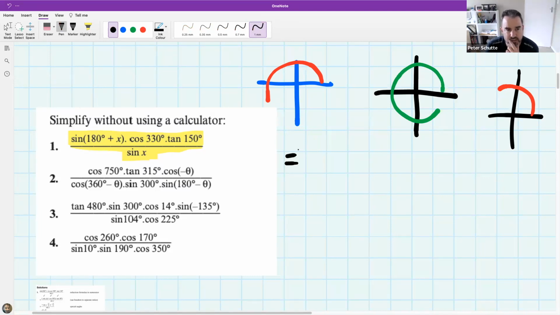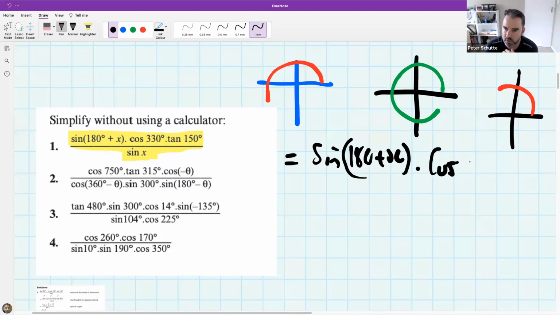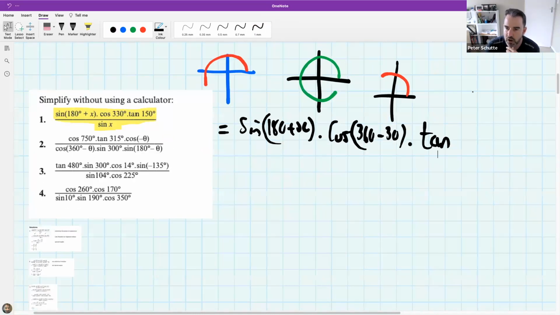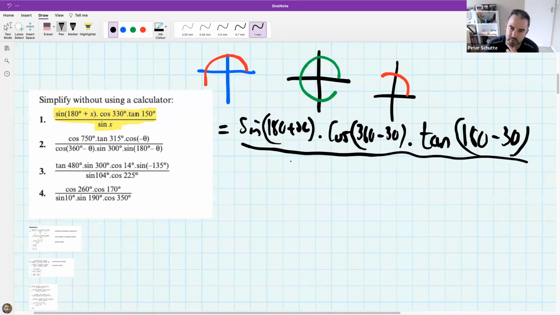And in the first one, it's almost been done for you. So the sine of 180 plus x is already in terms of the nearest horizontal. But the next one, I would rewrite as that, because the nearest horizontal to 330 is that. And then I would write the tan of 180 minus 30, and then the tan x at the bottom will stay the same.